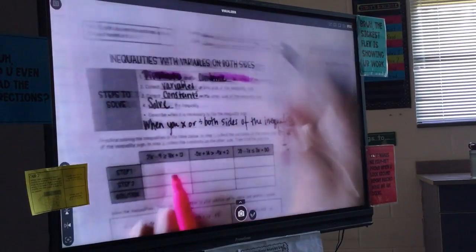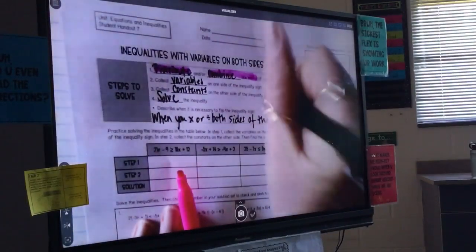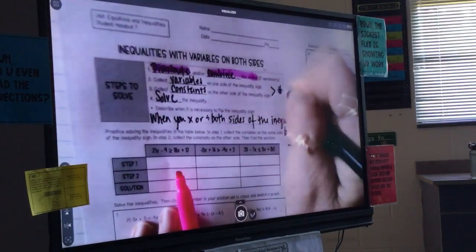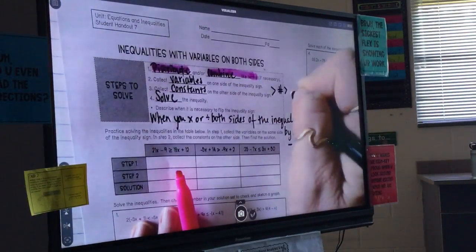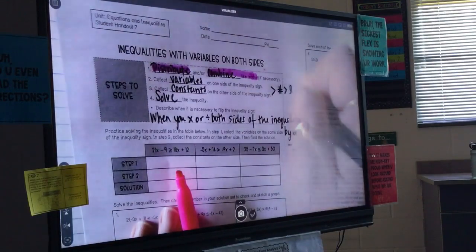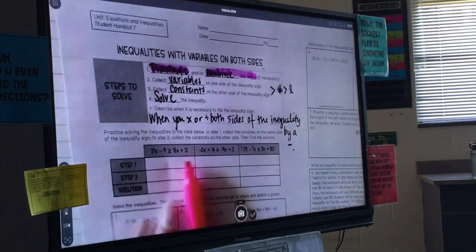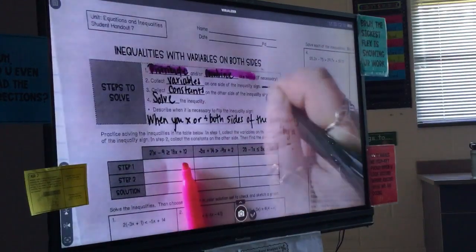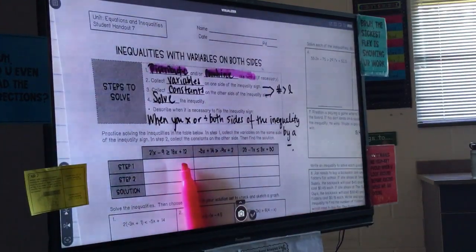This part where it says collect the variables on one side and the constants on the other, what this means is you're going to put a number on one side of the inequality and your letter on the other side. So all of your numbers by themselves on one side, then all the variables on the other side.